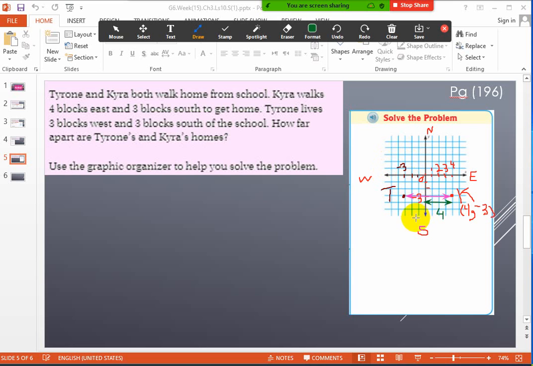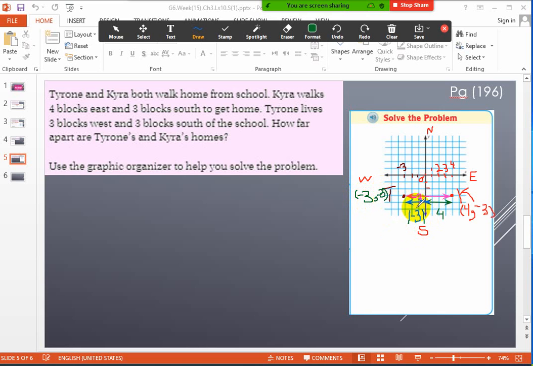This is the X coordinate. So the distance between this point and the y-axis is the absolute value of -3. Because X is -3.